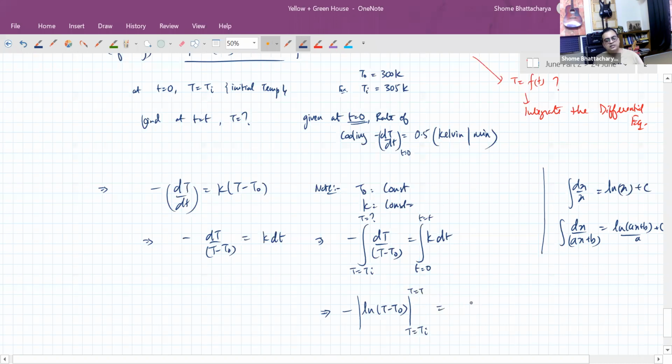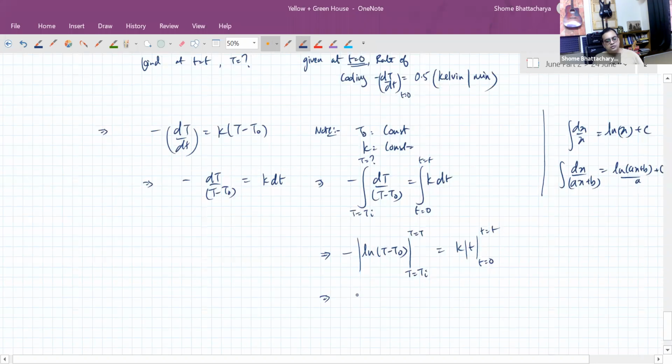On the other side it is just k into t, because k is a constant, integrated from t equal to 0 to t equal to t. Next, we take the minus sign to the other side and write ln (T minus T naught) at the upper limit minus ln (Ti minus T naught) at the lower limit is equal to minus kt.